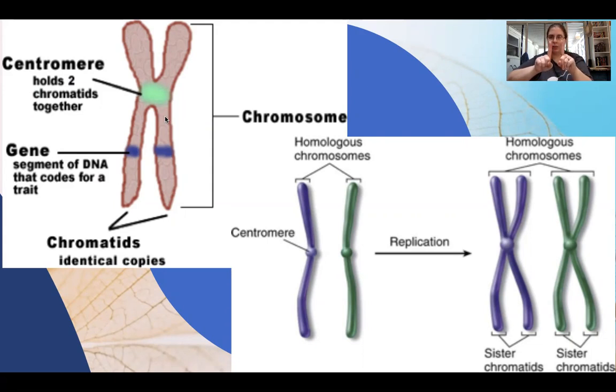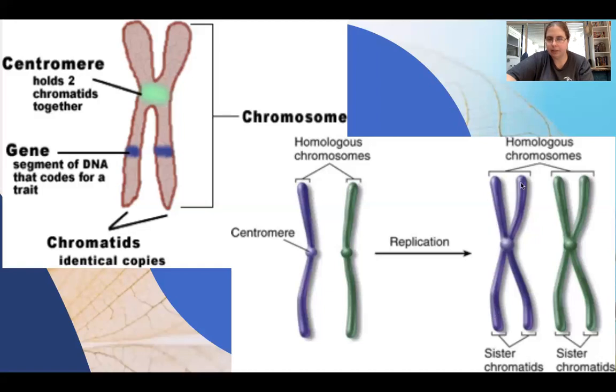Now what happens is during S phase, we replicate those. So here are my replicated chromosomes. And that's what you see here. We have purple and green. Notice how they're individual. Together they are a homologous chromosome pair. We go through and do DNA replication. Notice how we now have an extra version of the purple one. So we had just this one. Now we have a second version of it connected at the centromere.